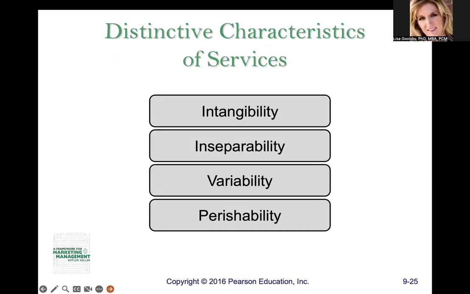If we look at the distinctive characteristics of services, they're intangible. You can't really separate them from the person providing the product. I suffer that with my coffee bar because I have some baristas that are better than others. So customers kind of want to know what the schedule is. They get their preferred barista.